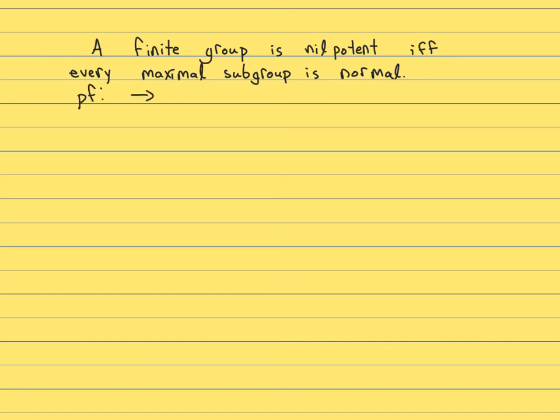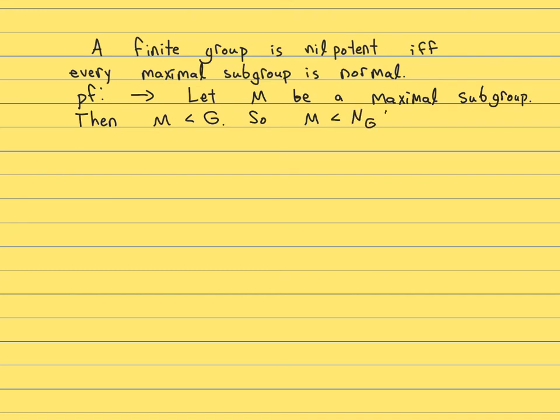For one direction, we're assuming your group is nilpotent, and we're going to let M be a maximal subgroup. You're going to notice in this proof that we're going to use a lot of the different equivalencies. So since it's maximal, it is in fact proper. So by one of the equivalent definitions of nilpotent, a proper subgroup must be a proper subgroup of its normalizer.